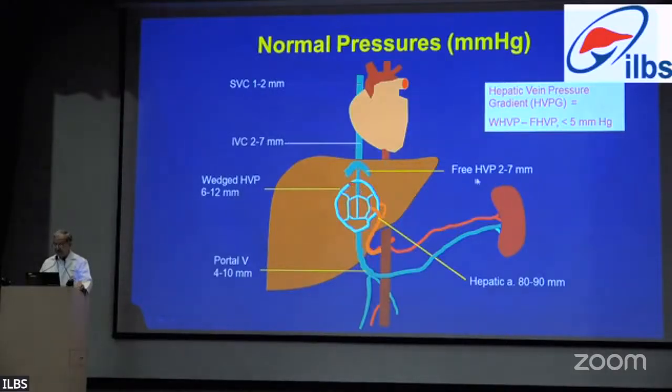The free hepatic is 2 to 7, IVC is somewhere around 2. So the gradient between the wedge hepatic vein and the free hepatic vein pressure is less than 5. Means if you put a balloon here and you put a balloon in the free, the gradient would be 4, 2, 3. That is normal.